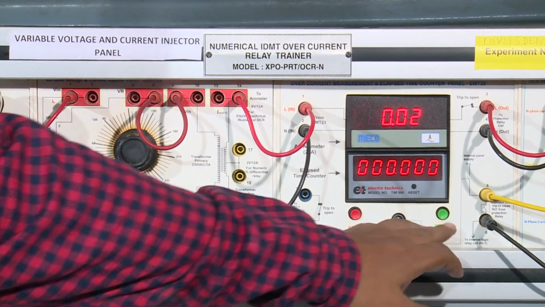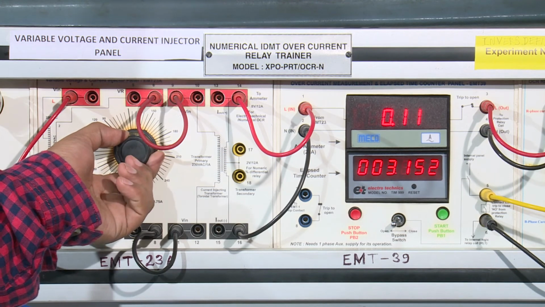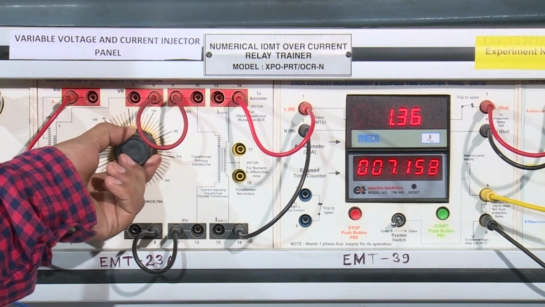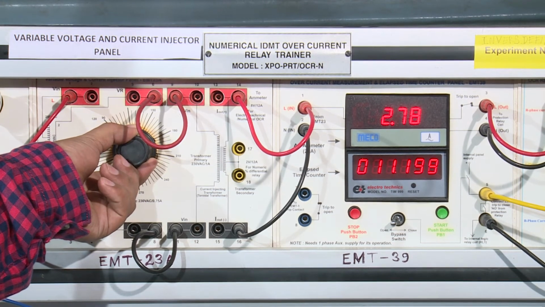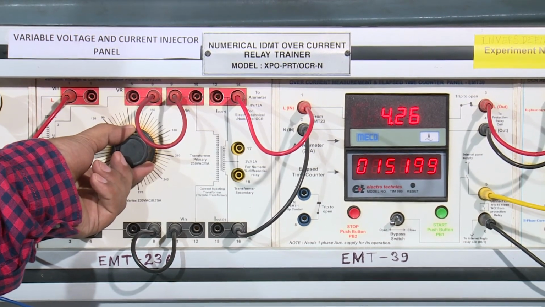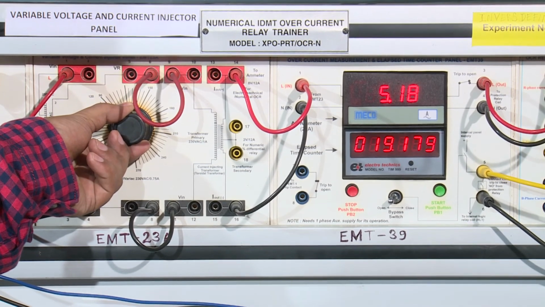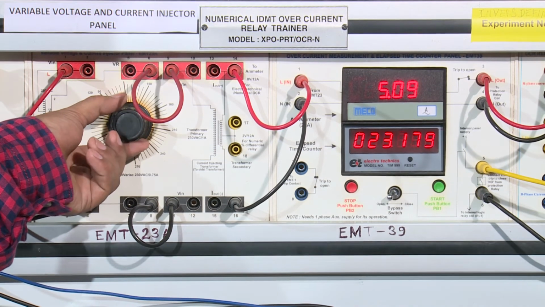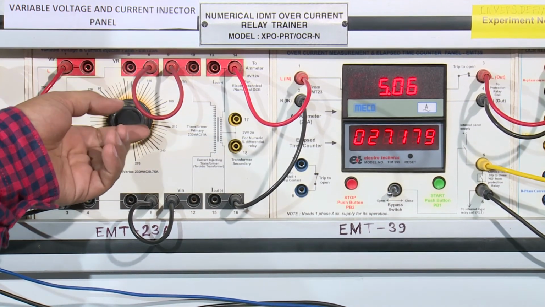Next set this to start. Next rotate it in the clockwise direction to increase the value to 5 ampere. It is near about 5. It is good enough.